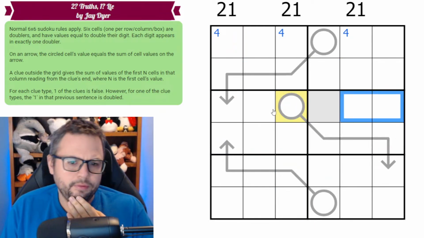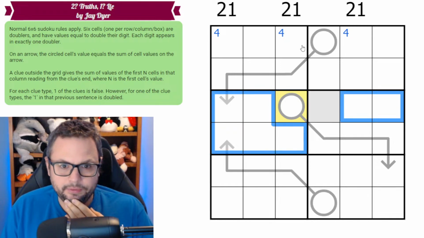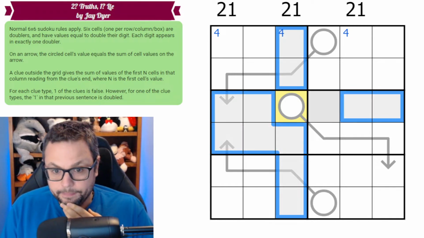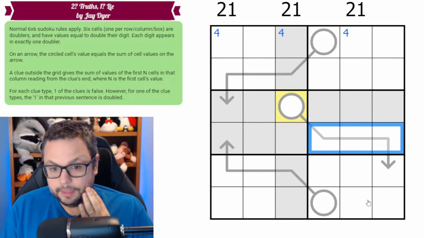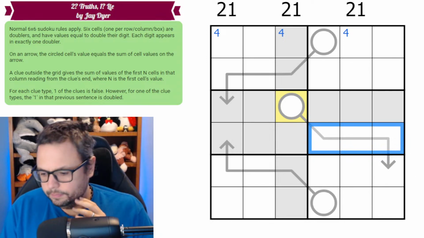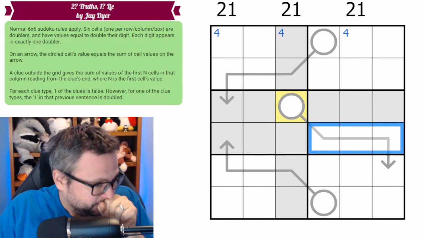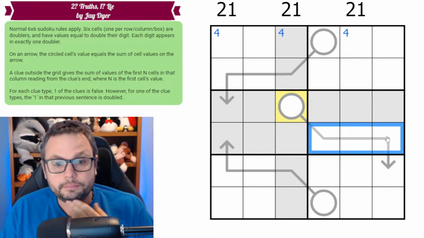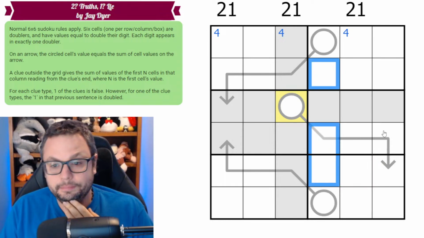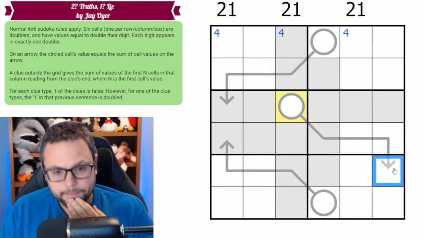Oh, I don't know what on earth I did, but it was silly. Right, there is a doubler here. Okay, but it is not in this column. I agree with that assessment.